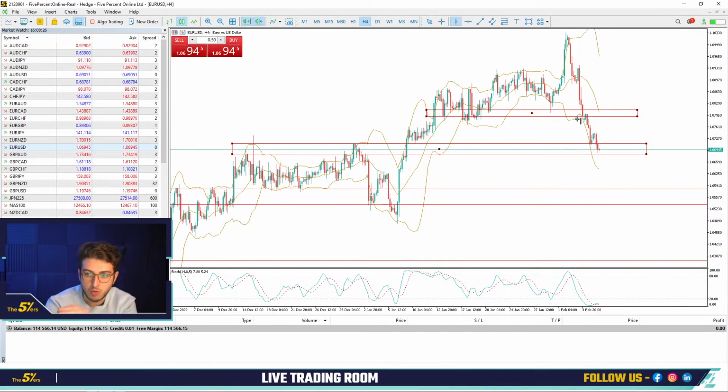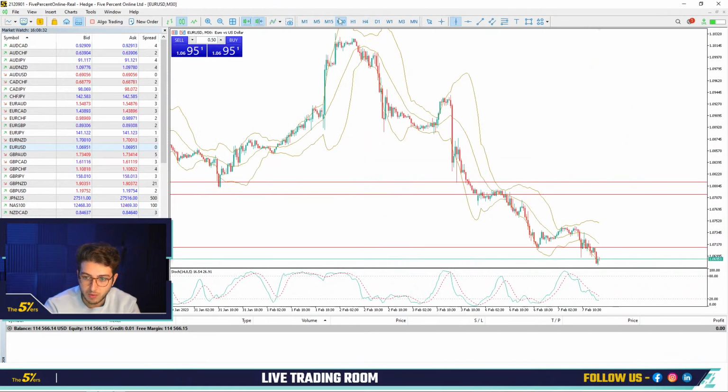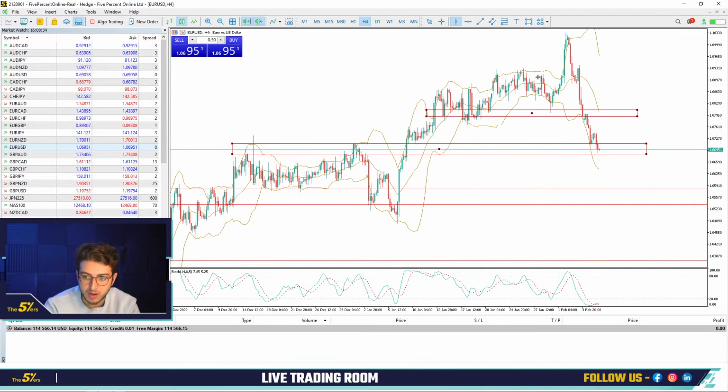Here the volume we managed to get down is a bit lower, so that's why I don't see any point for making an entry. If we start to see any consolidation in this zone, I will think about making a buy here. It's quite difficult, so yeah, let's move on.